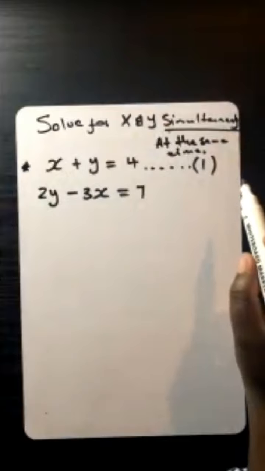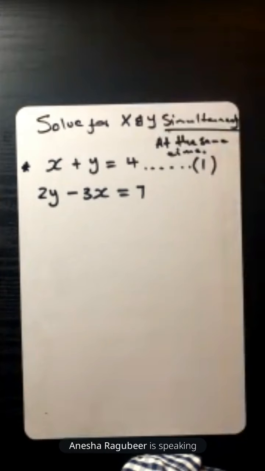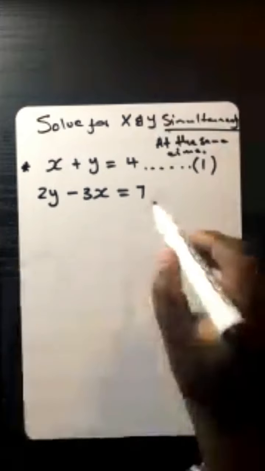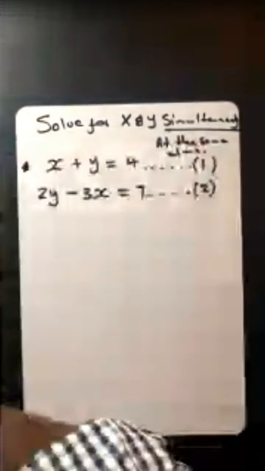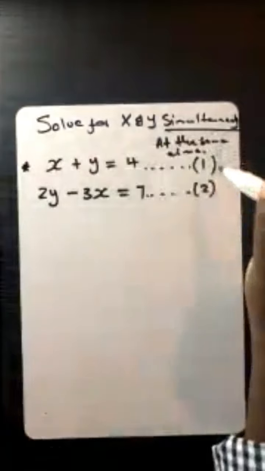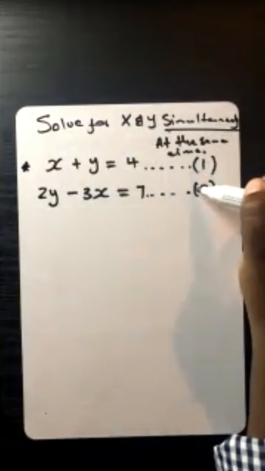What is that one? The second one is also an equation, because of the equal sign, and you have to solve for the unknown, which is x and y. 100%. So now this is equation number two. So that means you were given equation number one and number two.